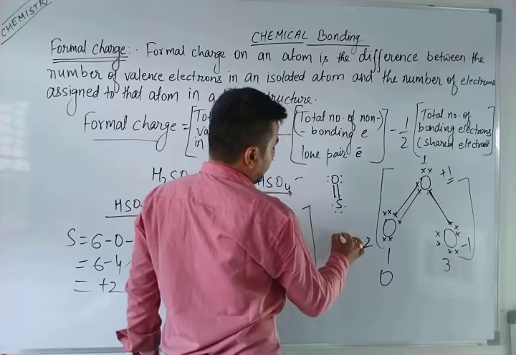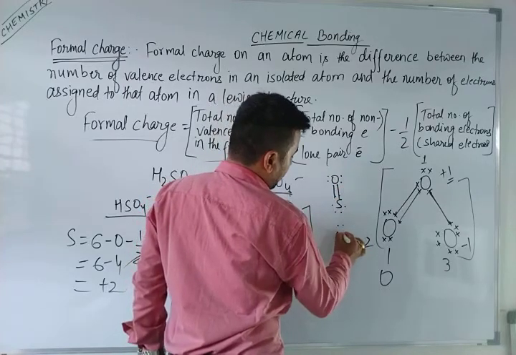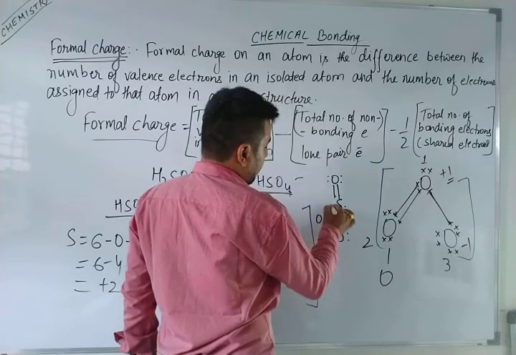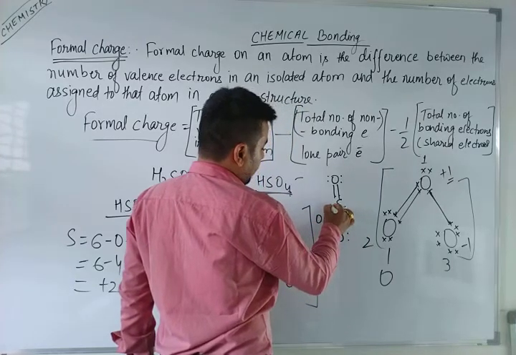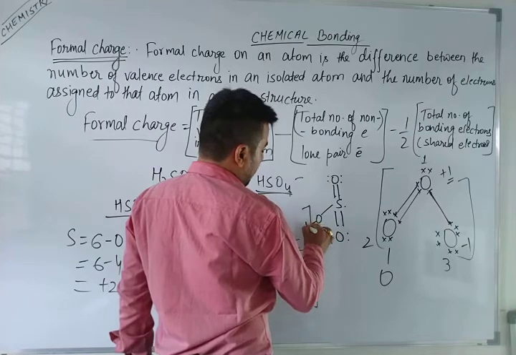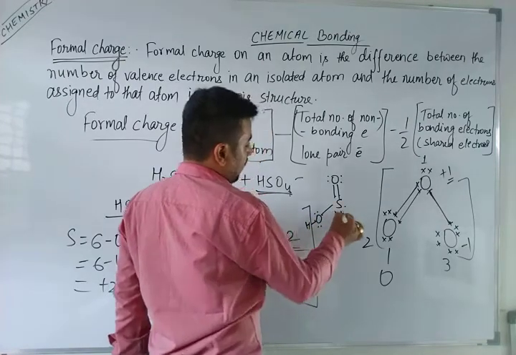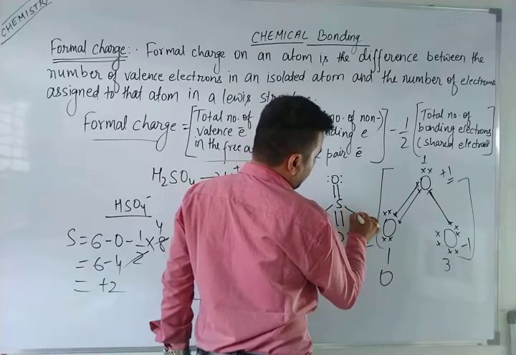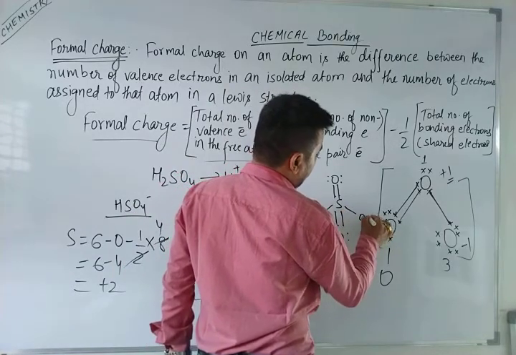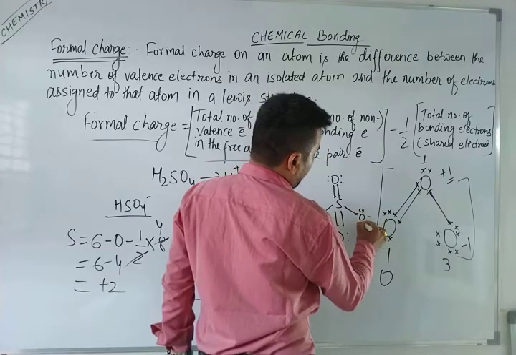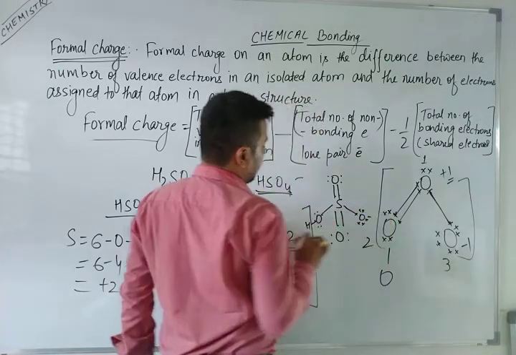Here also oxygen: 1, 2, 3, 4, 5, 6. Here oxygen is there, and here oxygen with hydrogen: 1, 2, 3, 4, 5, 6. And here also oxygen is there, with the minus charge: 1, 2, 3, 4, 5, 6, 7, and this minus is 8.